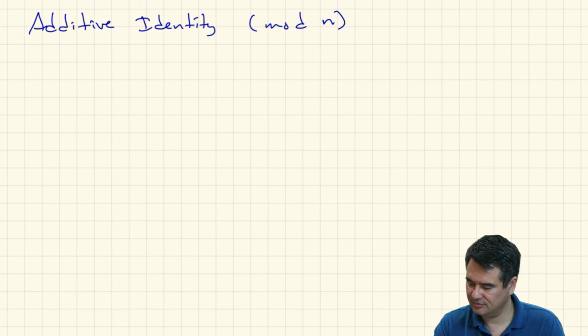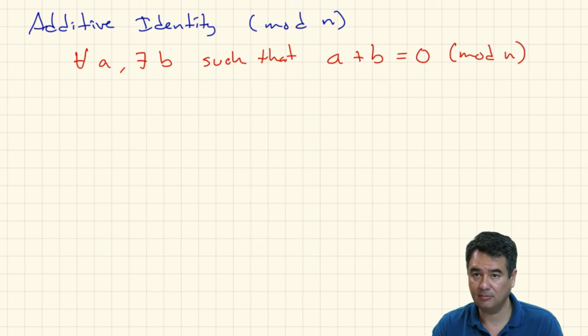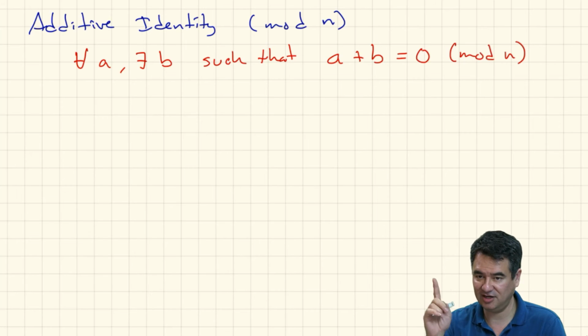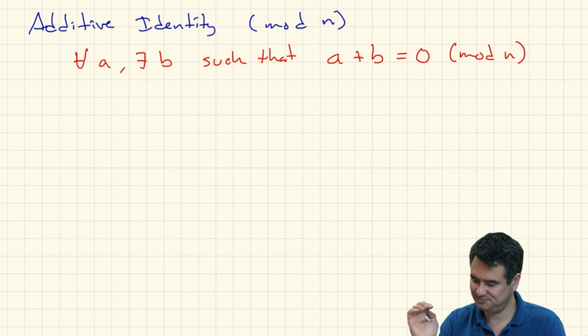For all a, there exists a b such that a plus b is equal to 0 mod n. So there's really only one change, and that's that one up there that says mod n.